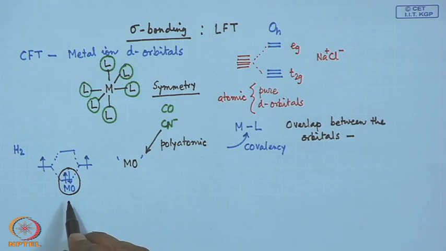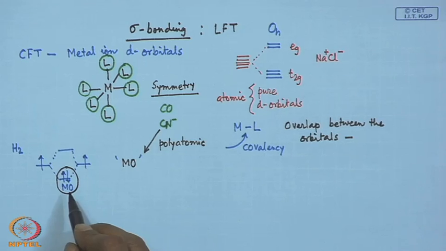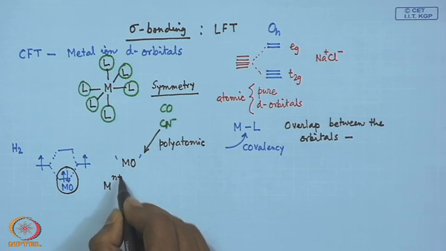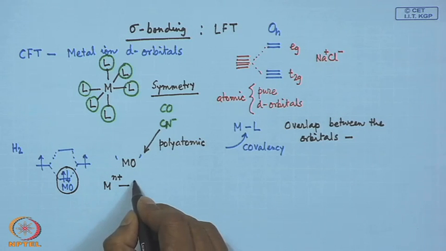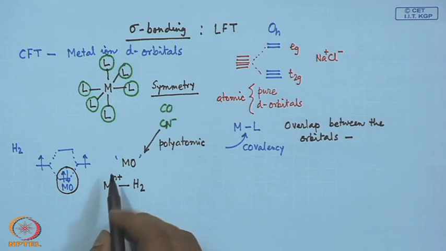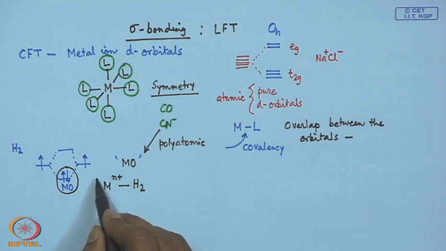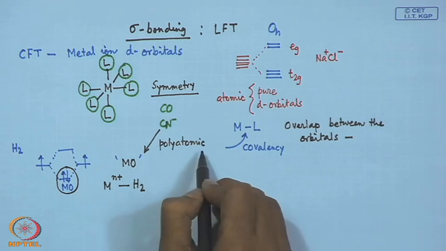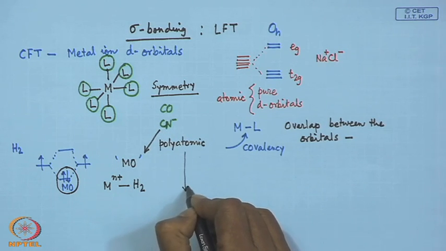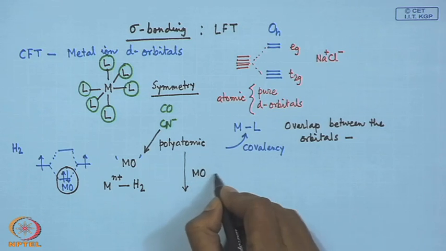If this bonding molecular orbital can now be utilized for some interaction with the metal ion, say if Mn plus is interacting with the H2 molecule, then what should we consider? We should consider the molecular orbital of the hydrogen molecule and then some combination of molecular orbitals on the metal ion. For polyatomic systems like carbon monoxide as well as CN minus, we have the typical molecular orbital picture or molecular orbital diagram.